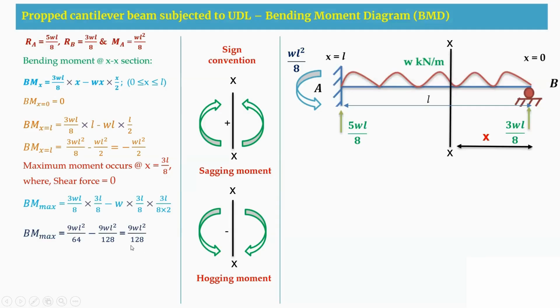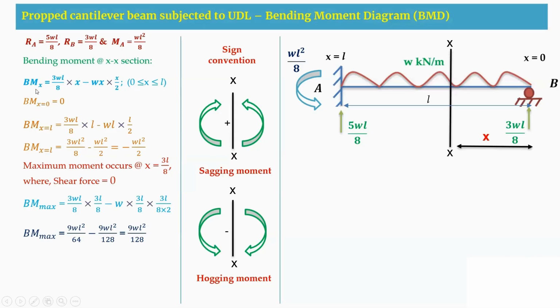This is a positive moment at X is equal to 3L by 8. So you are getting a positive moment as well as a negative moment. Therefore, there will be a change in the sign.